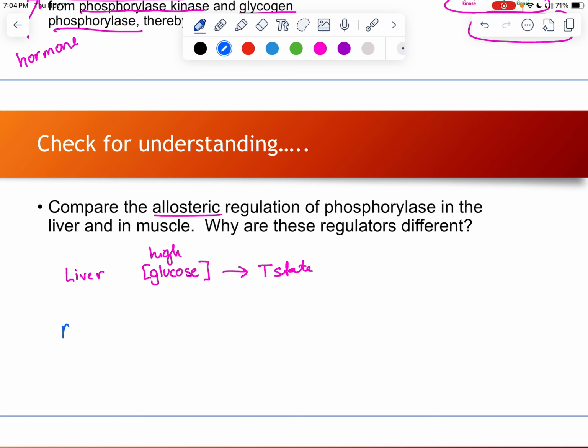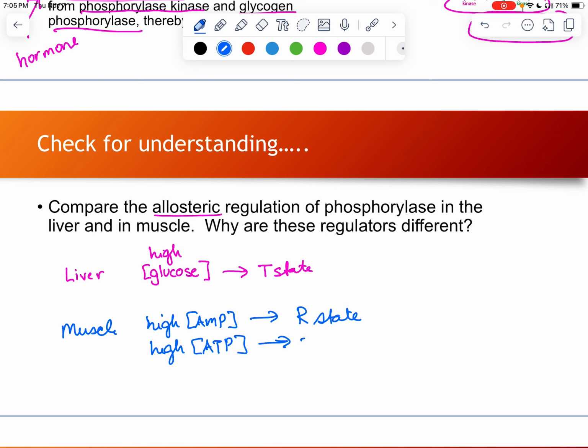In the muscle, we said high AMP would convert things to the R state. So if we don't have enough energy, it's going to convert to the R state and the more active state. If we have high ATP, or that glucose 6-phosphate, it converts it to the T state. If we've got plenty of energy, we don't need to keep breaking down that glycogen.